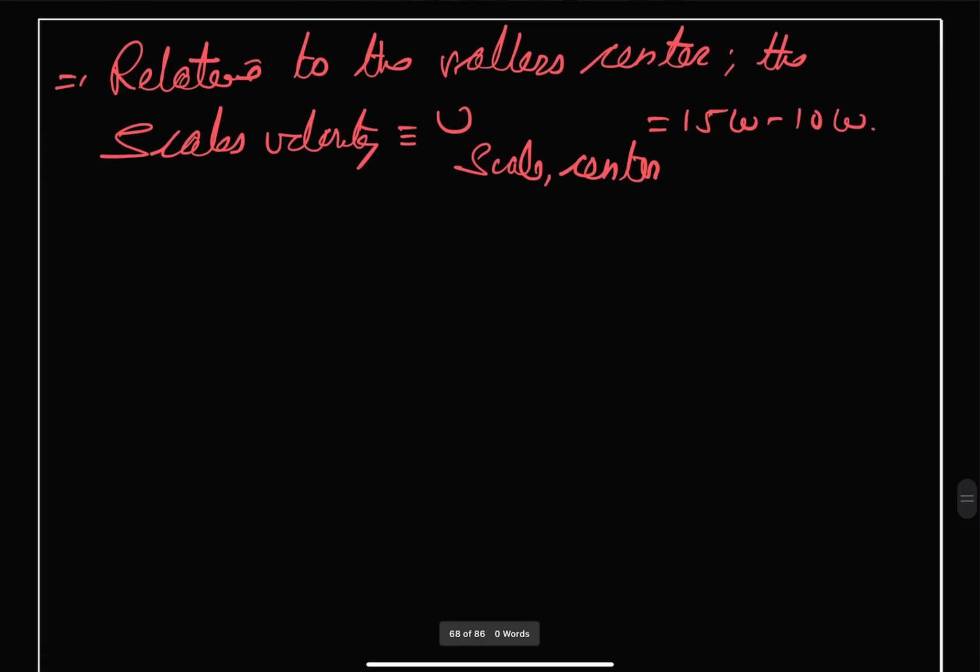So we get the velocity of the scale relative to the center is equal to 5 omega centimeter per second.